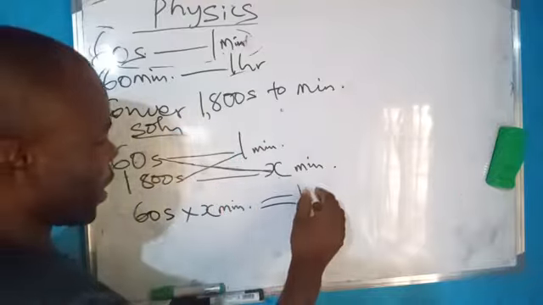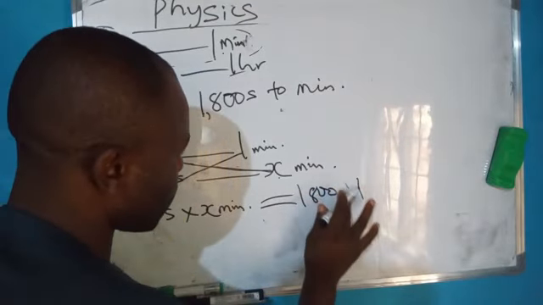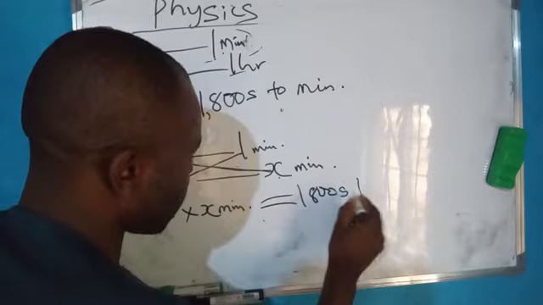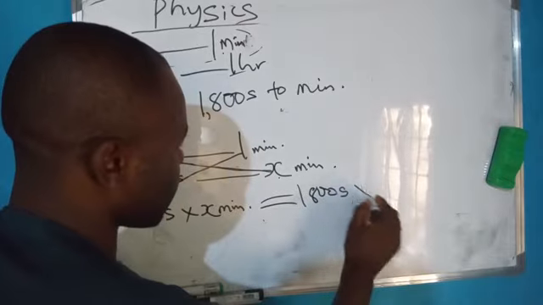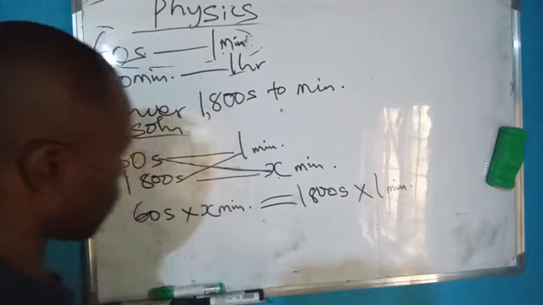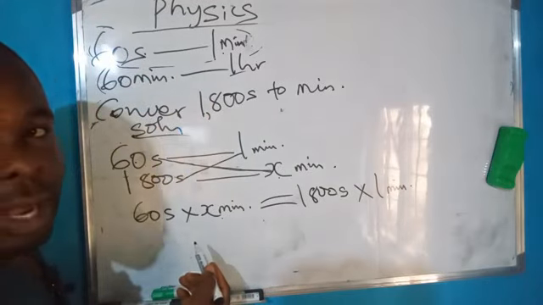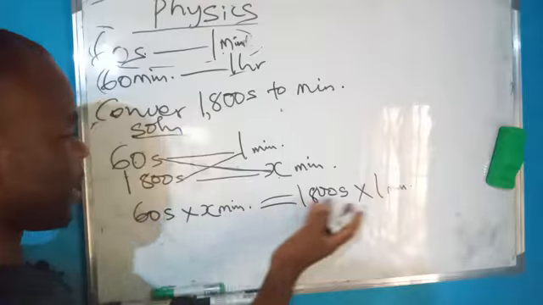You have 1800 seconds times 1 minute. Good. Make x minutes the subject of the formula by dividing both sides.